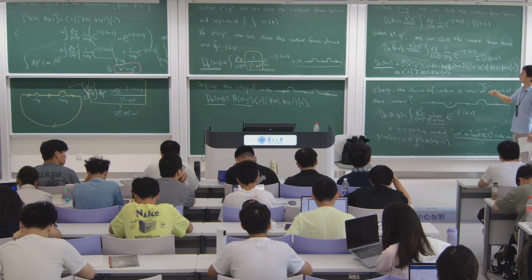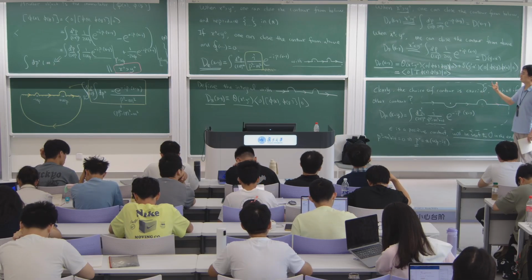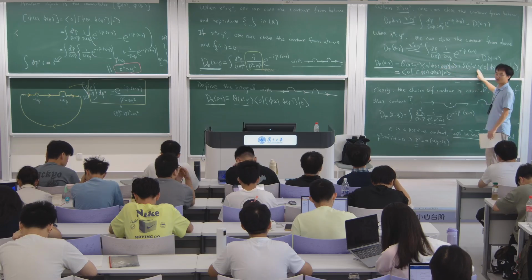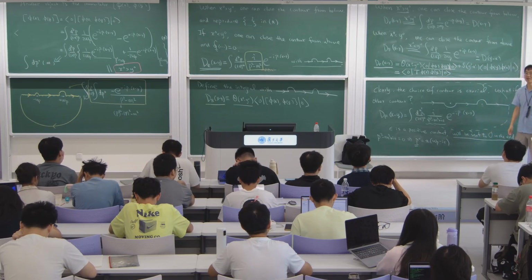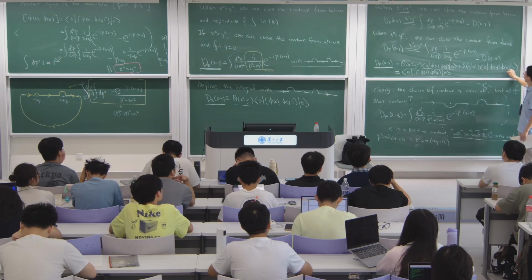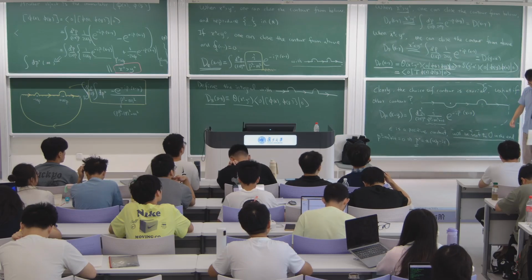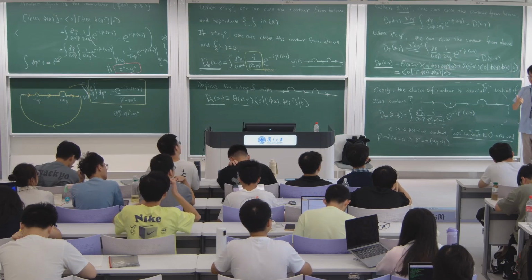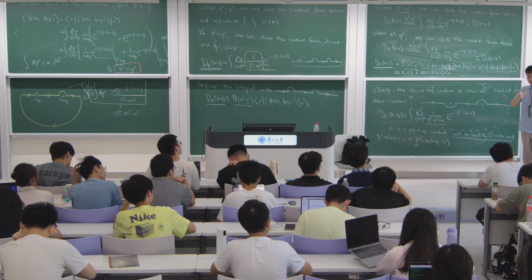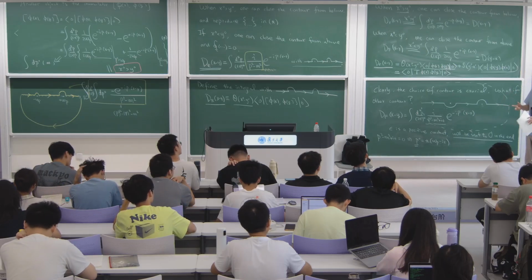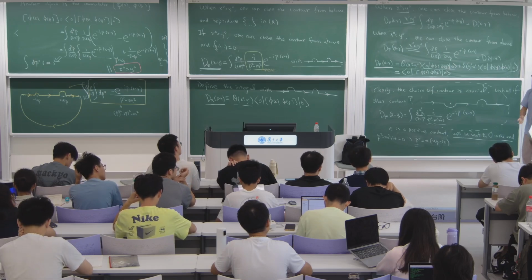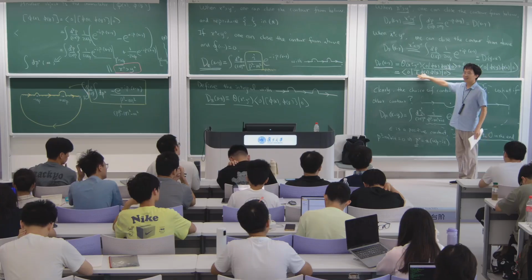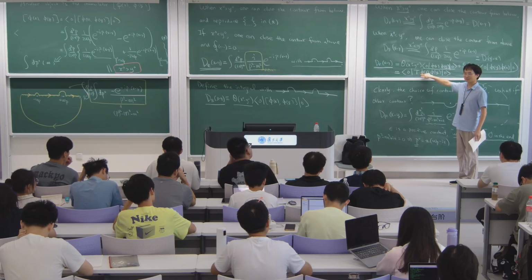Suppose the x is my later time operator. Then I only have this one. This is 0. Suppose my y is my later time. Then I only have this one. That's 0. This means I suppose I'm a god. I can observe which operator has the later time. I just by force let it on the left if it has later time. That's the definition of time ordering. This is a very, very important concept.